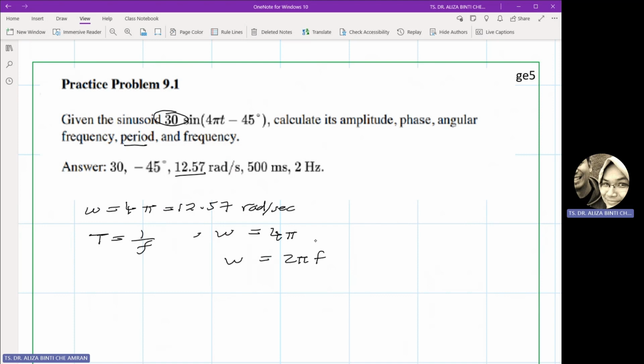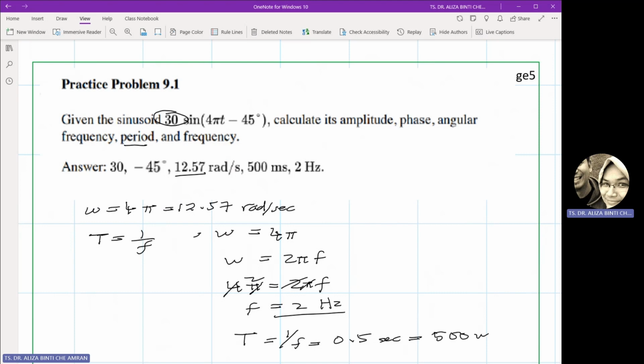Equating those two together, 4 pi equals 2 pi f, cancel out, simplify, you get f equals 2 hertz. That's simple. When you have your frequency, you can calculate your period. Your period is 1 over f, which is 0.5 seconds. That will give you 500 milliseconds.